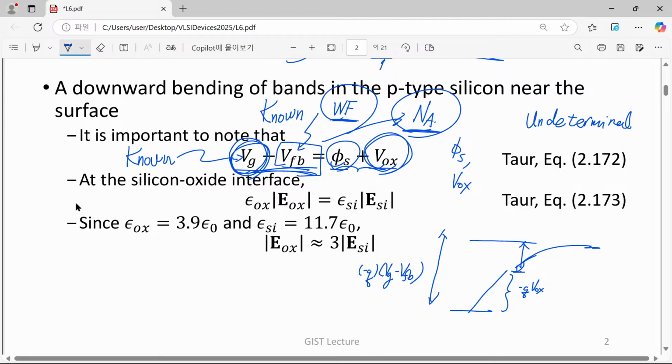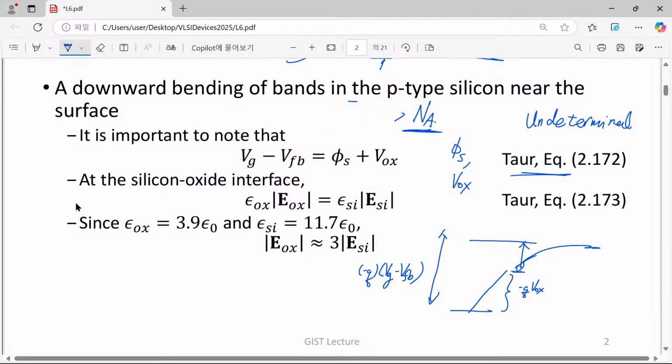However, I'm just repeating this MOS equation once again, so it does not give us any additional information. In order to make it determined, we need another equation, and that equation is now shown here. So let me just do it together with you.